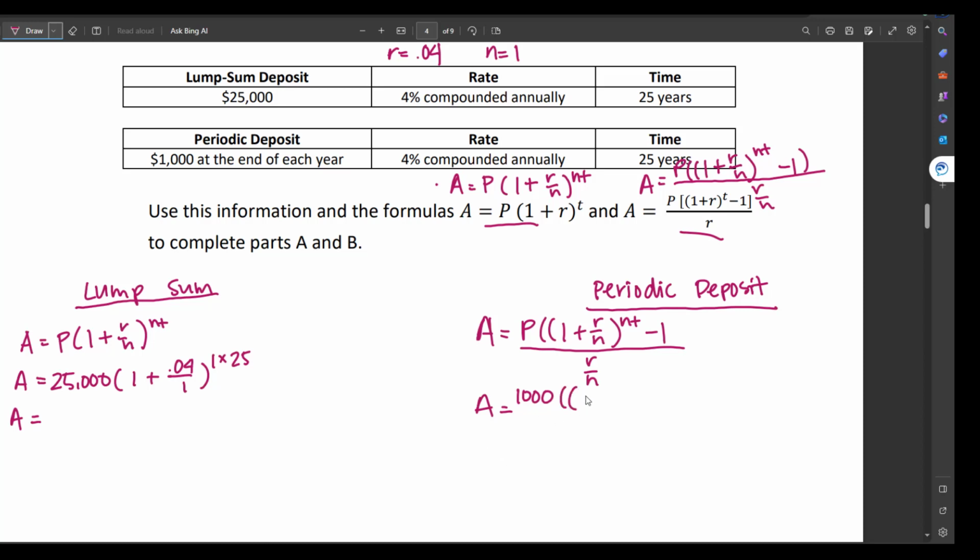So you're putting the same amount of money in both accounts. It's just that one account you're putting it in all in today, and the other one you're paying it off. So 0.04 divided by 1, and then we have 1 times 25. Okay, and then divided by R over N, so 0.04 divided by 1.